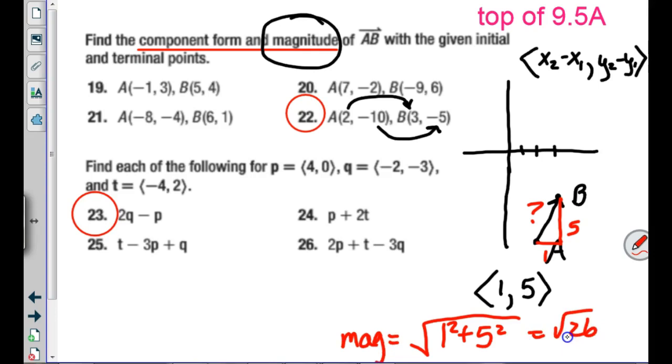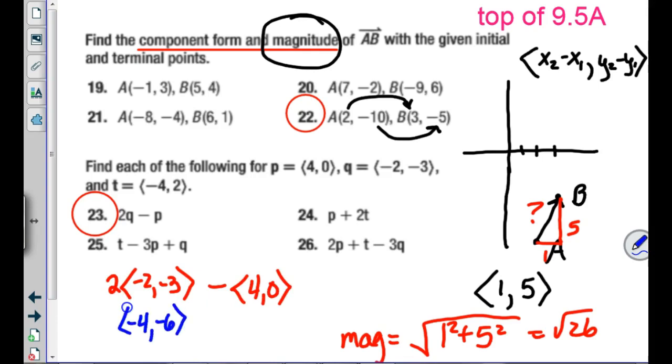Okay, 23 says to take 2 times q minus p, and you're given these. You remember how easy these are? So it's 2 times -2, -3, and then it says minus p, which is 4, 0. So if I double these, I'd have -4 and -6.